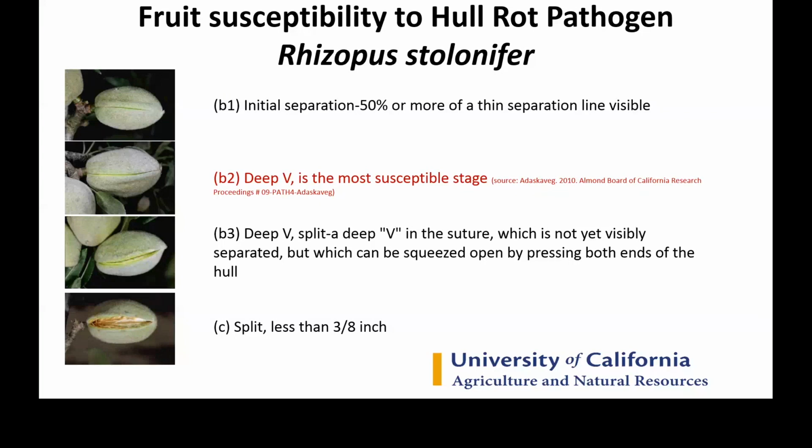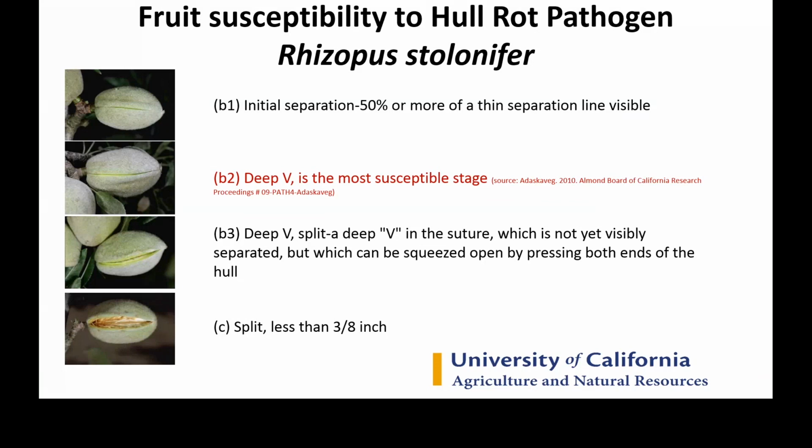The other important part, when we look at the factors that are contributing to this disease, is what is the most susceptible fruit stage to those pathogens. There has been quite a bit of work done by Dr. Jim Adaskaveg showing that the B2 stage, when we are seeing a slight separation in the suture, is the most susceptible stage.